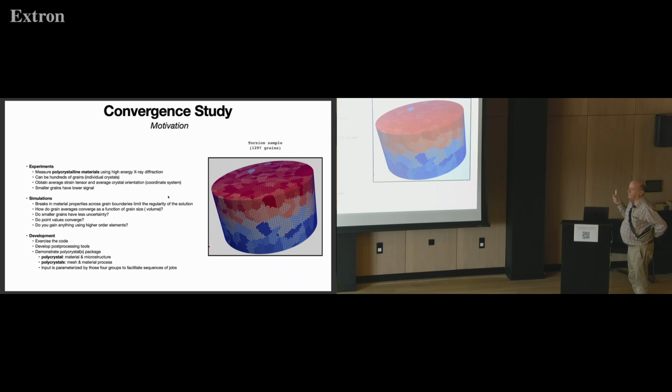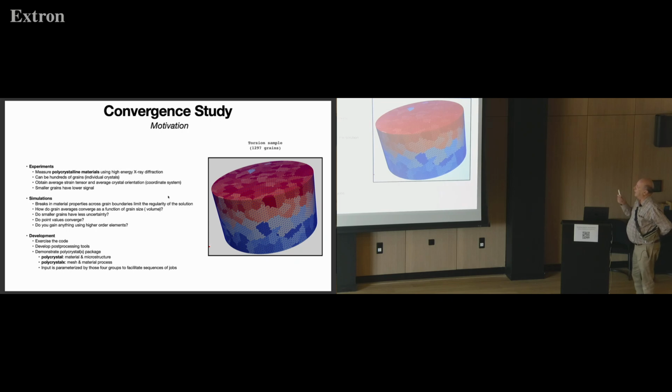So the polycrystal package is just material and microstructure. Specifically, single crystal material properties is the material part, and assignment of grain orientations is the microstructure part. And by grain orientation, I mean the rotation matrix that matches the crystallographic axes to the spatial framework you're using.